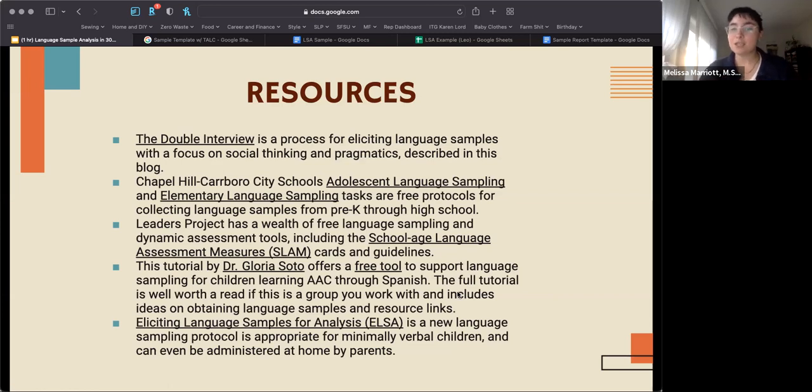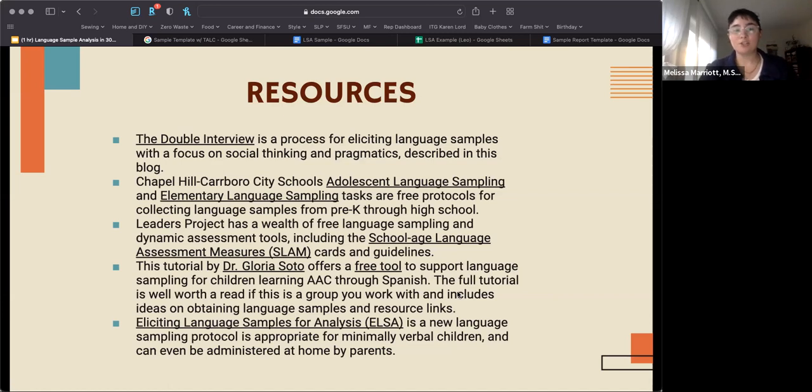So they can use anything that they see in the pictures to help inform their interview, anything that they see in my classroom to help inform their interview. Usually I have pictures of me with my pets or my family, or me playing an instrument, or on a vacation in front of a cool background or something. And it's really fascinating what skills can be elicited through this particular type of language sample.